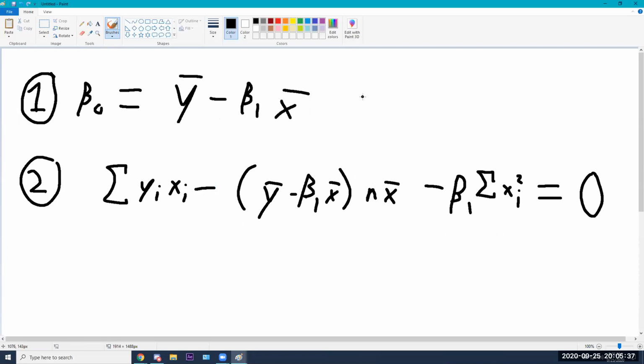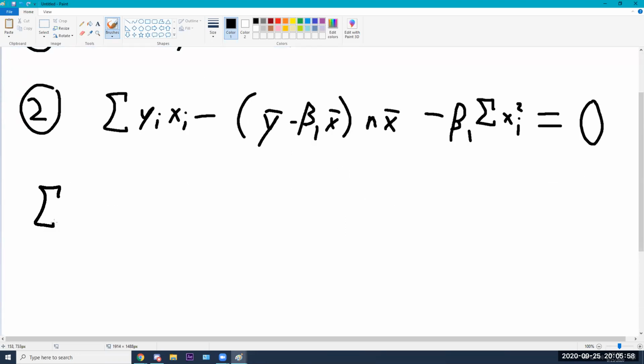So now what do we have here? Well, through some simple algebraic manipulations, we can actually express everything in terms of beta 1. So let me simply express this all out. So we have the sum of yi xi, minus y bar and x bar, and then they have double minuses, so they become plus.